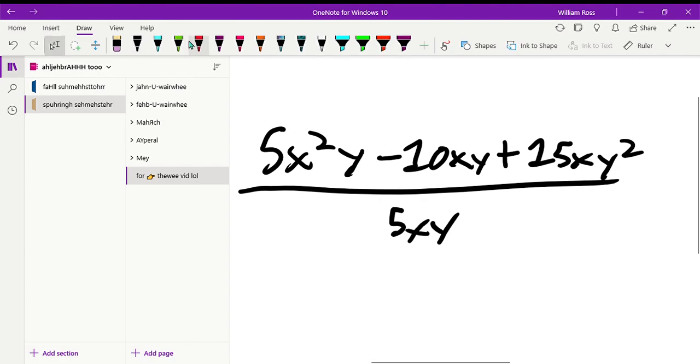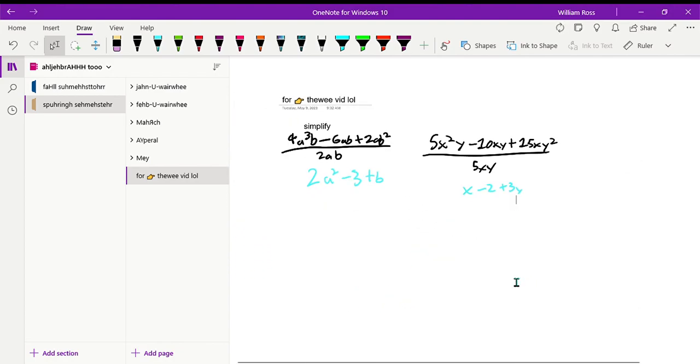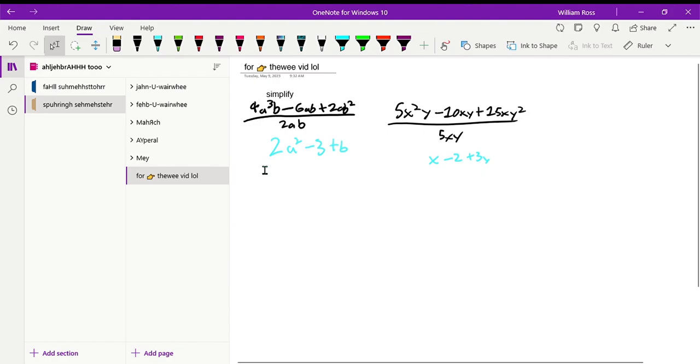Okay, so simplifying: the 5's cancel out, x squared over x would be x, and then the y's would cancel out. Negative 10 over 5 would be negative 2, and the xy's would cancel out. 15 over 5 would be 3. The x's would cancel out, and y squared over y would be y. So the final answer would be x minus 2 plus 3y. There you go, that's simplifying.